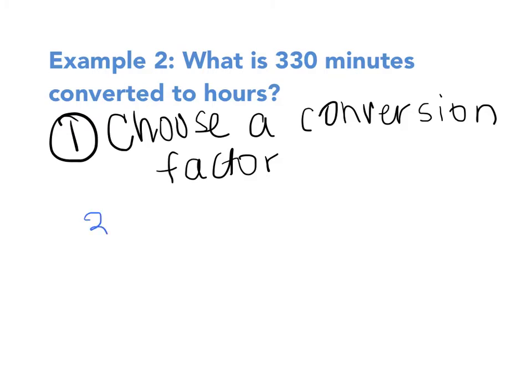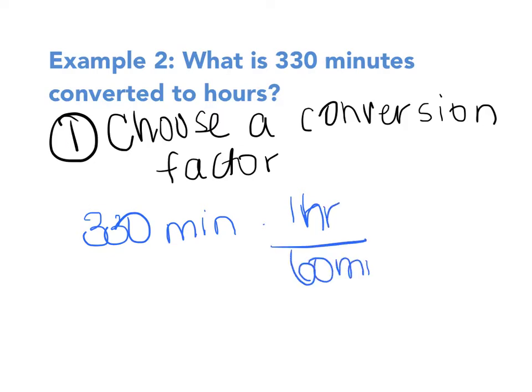So I have 330 minutes. Always put your units when you're doing rates and unit conversion. And I'm going to multiply that by the rate that I want, which is an hour. But an hour is also 60 minutes. So 60 minutes out of an hour, and this is what our problem looks like.